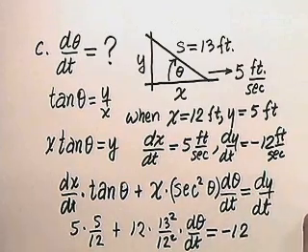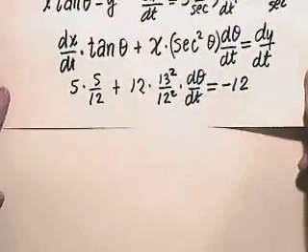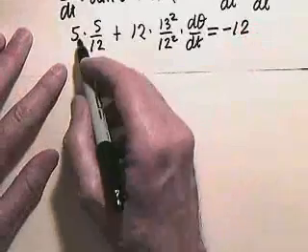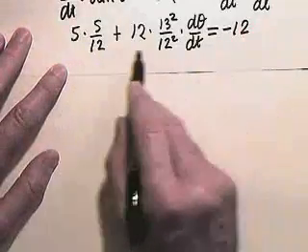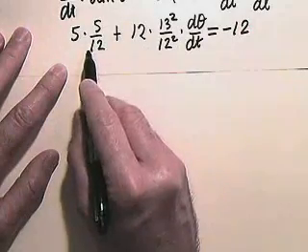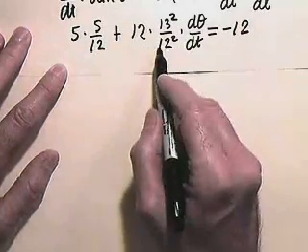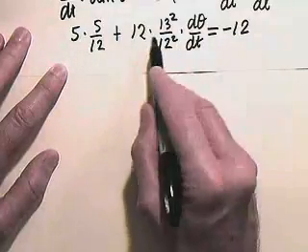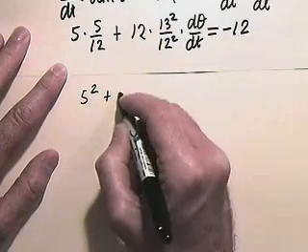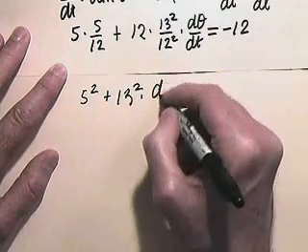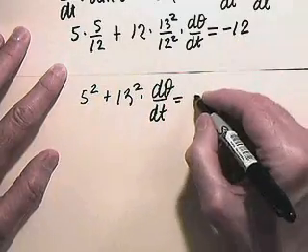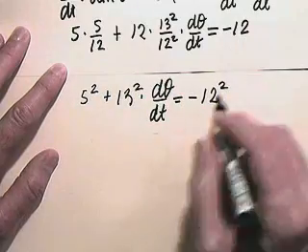Let's simplify this a little bit. I'm just going to slide this up a little bit, and when we do, notice in this equation I can multiply through both sides by 12, and it'll get rid of a 12 here. And notice it gets rid of one of the factors of 12 here, and the other one will cancel with this 12. So we'll end up with 5 squared plus 13 squared times d theta/dt equals the result of multiplying the right side by 12, which is negative 12 squared.